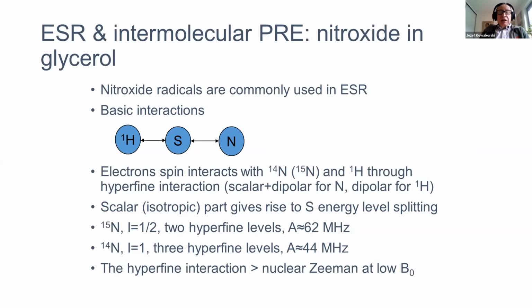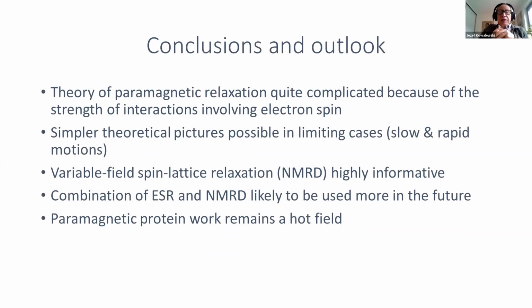Okay, I think I skipped this one, and I come to conclusions. The conclusion is that the theory of paramagnetic relaxation is quite complicated, mainly because of the interactions involving electron spin and their high strength.